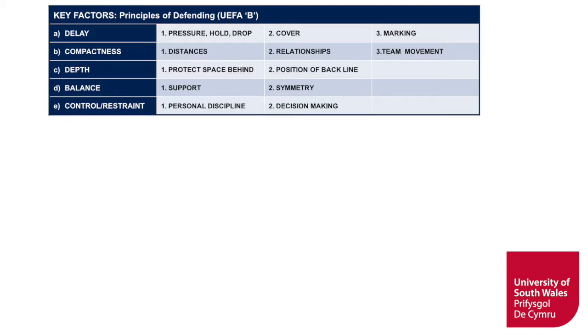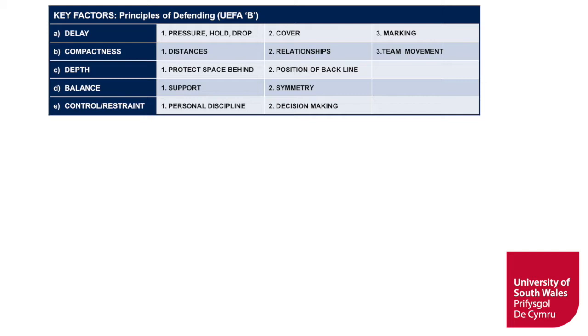Okay, now we're going to take a look at a specific example of a challenges template. So you can see on screen now from the slide the key trigger words associated with principles of defending. So there are 3 trigger words associated with delay, 3 associated with compactness, 2 with depth, 2 with balance, and 2 with control or restraint.